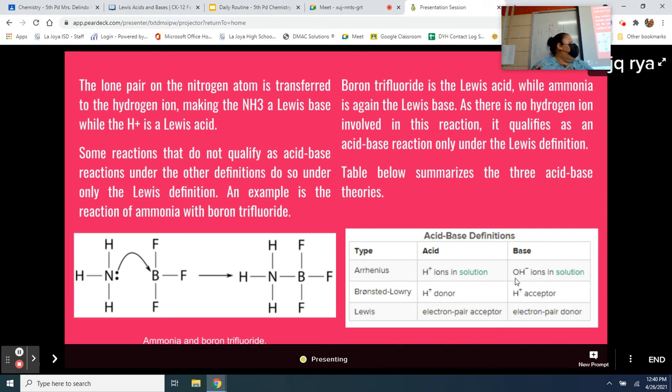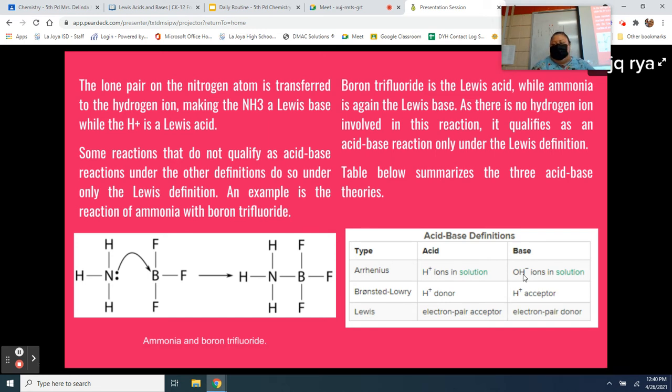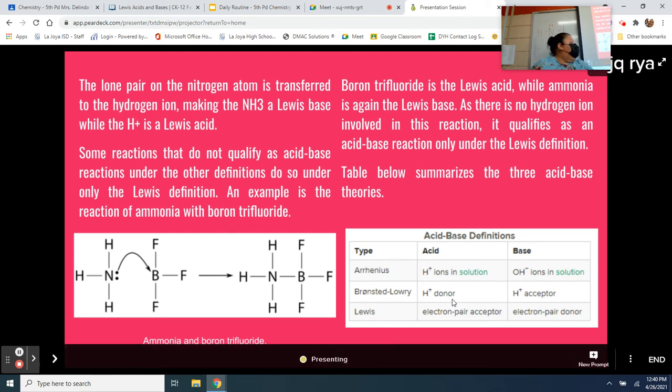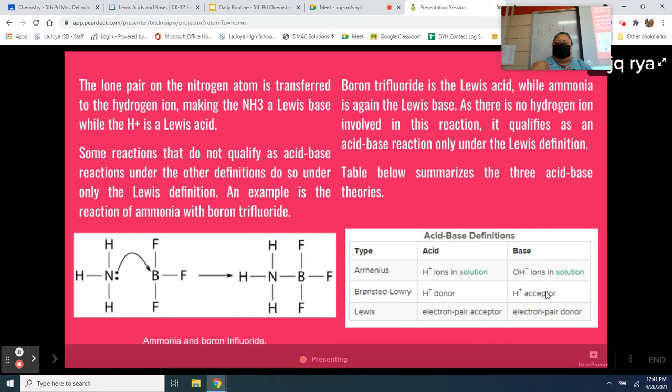What does he donate? Hydroxide. But you're right, it is oxygen and hydrogen. Very good. What about a Bronsted-Lowry acid? He's going to donate hydrogen. What does a Bronsted-Lowry base do? Hydrogen acceptor. One of them, the acid, will give the hydrogen, the base accepts the hydrogen.